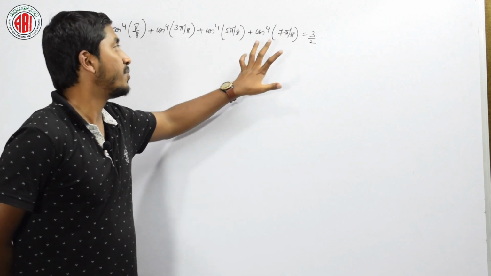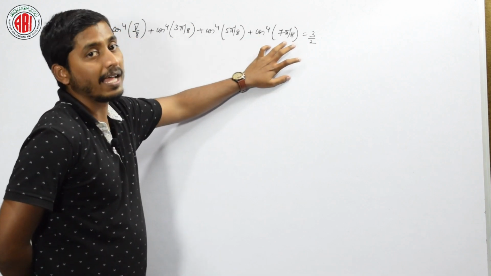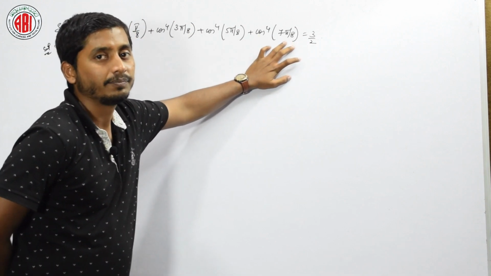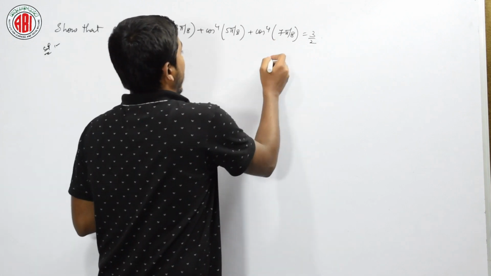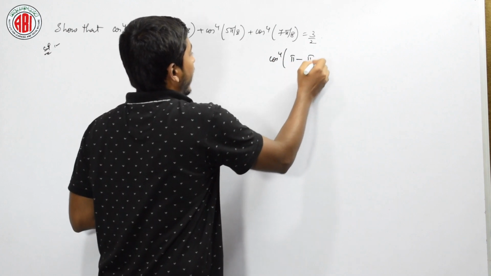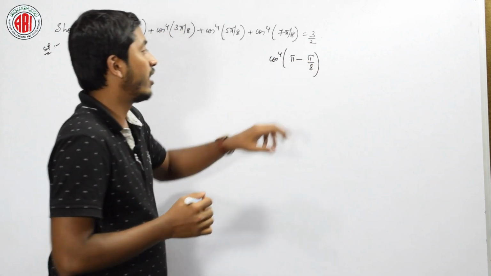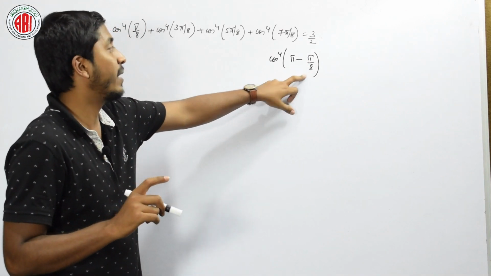If you observe here, can I write 7 pi by 8 as pi minus pi by 8? Can I write like that? I will write this as cos power 4 of pi minus pi by 8. What will it become? 8 pi minus pi is 7 pi, so 7 pi by 8.